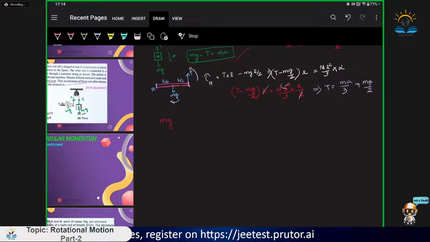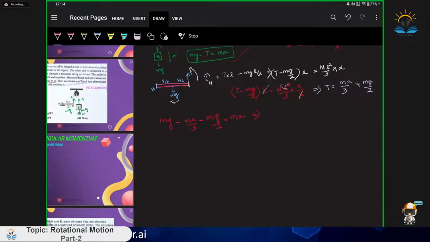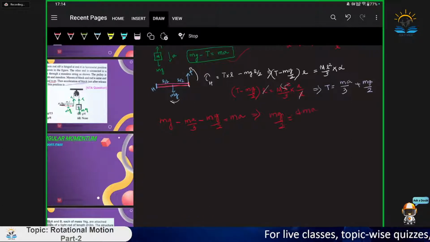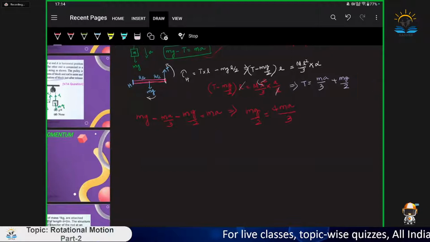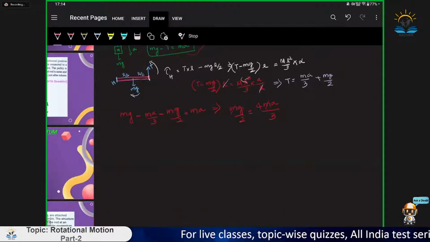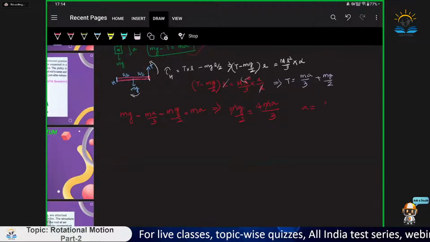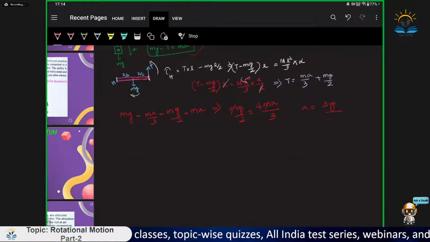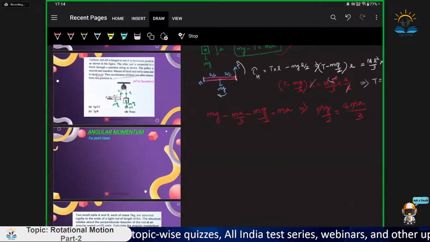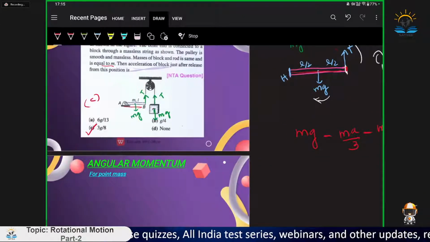So mg minus tension, we can write MA by 3 minus mg by 2 equal to MA. So mg minus mg by 2, mg by 2, equals MA plus MA by 3, that is 4MA by 3. So we can cancel. So acceleration A will be 3g divided by 8. So our option C will be the right answer.